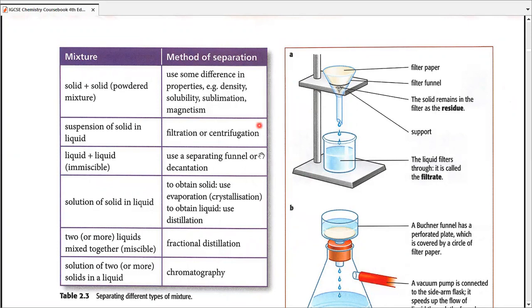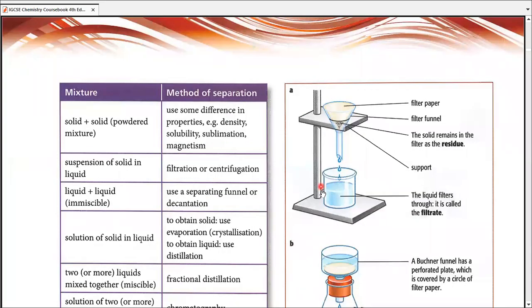So now you know the good side of filtration as well as the bad side. The good side is we get both the phases in a single process. There are other good sides as well. For example, it's very easy to perform. There is not a whole big learning curve there. Even students can perform it successfully the very first time. Now, the materials that we have used, the stand, this filter paper, this filter funnel, the beaker, they are some of the most inexpensive materials on the planet.